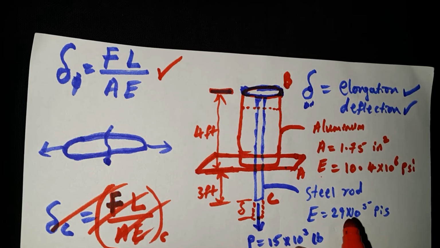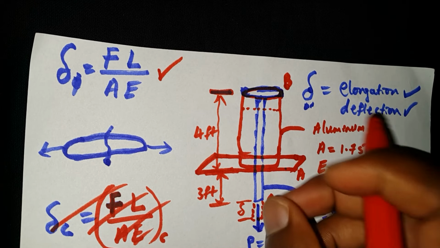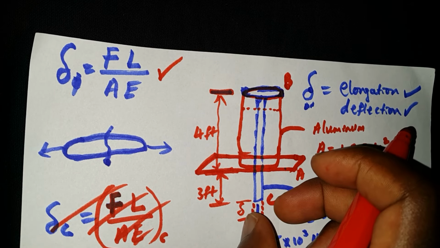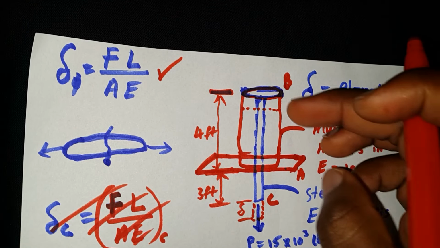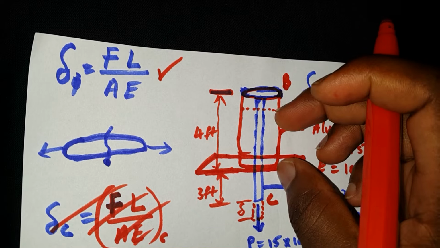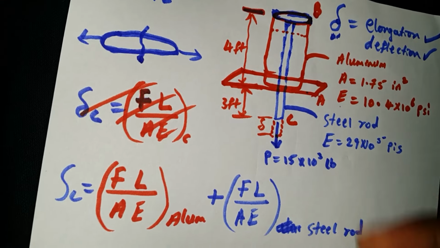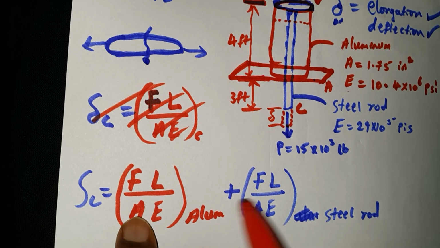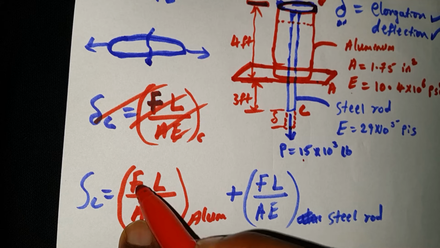When you look at this, the force will try to stretch this member, and the same force will try to compress this member as well. So we already know the force. We are going to use the same force for these two.